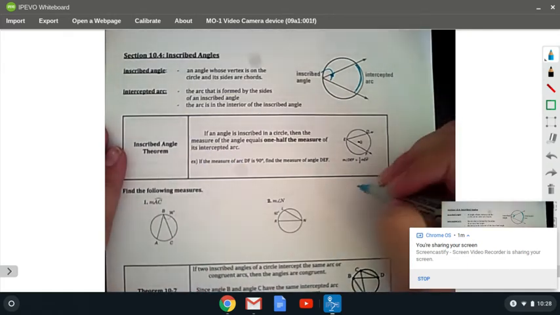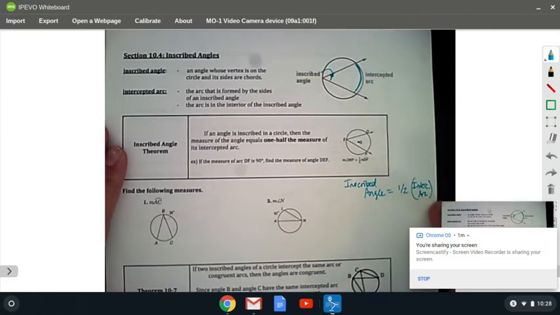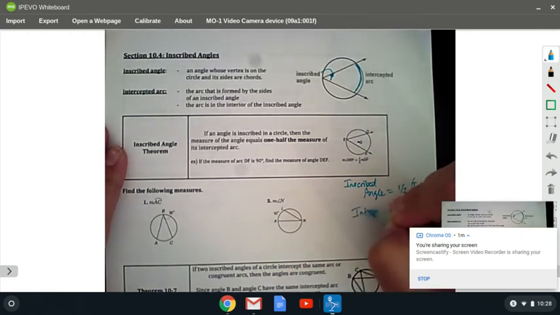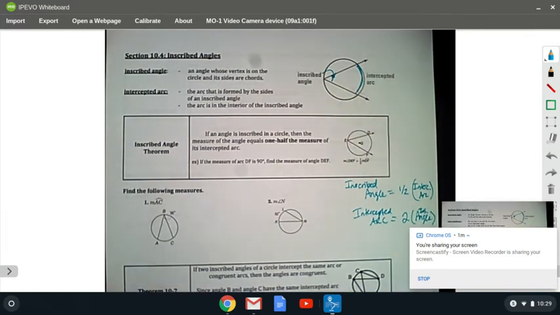So what you need to know here is that an inscribed angle equals 1/2 times the intercepted arc. Vice versa, the intercepted arc equals 2 times the angle, and that has to be an inscribed angle.